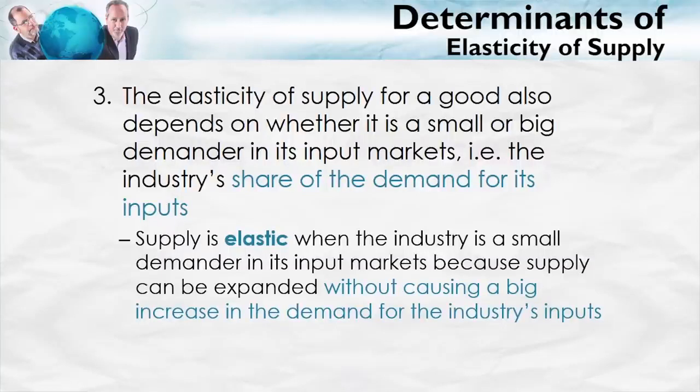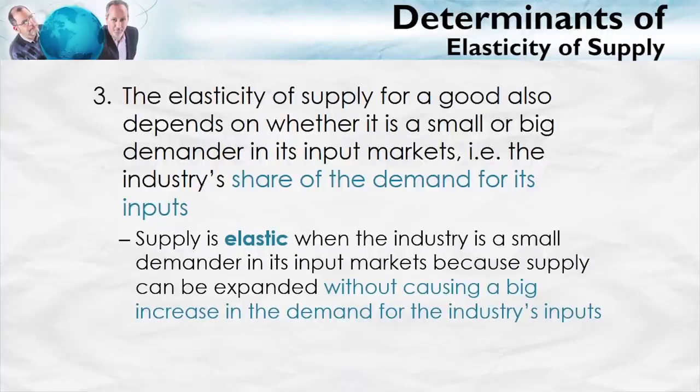One of the reasons why toothpicks have an elastic supply is because we can easily double the supply of toothpicks and have just a tiny impact on the demand for wood, the input into toothpicks. So we can double the supply of toothpicks, and since toothpicks are just a small user of wood, we don't require much more wood.